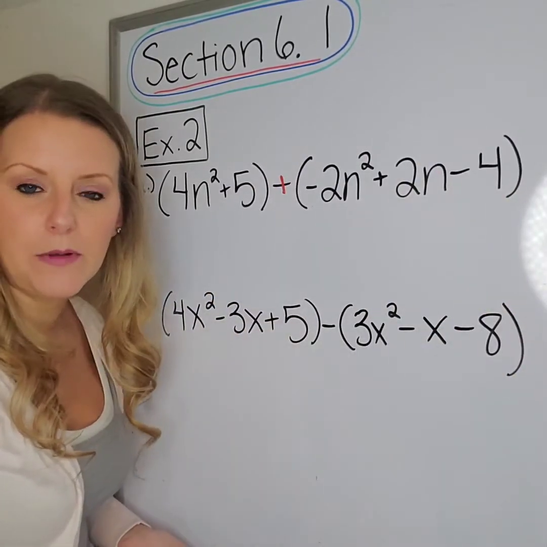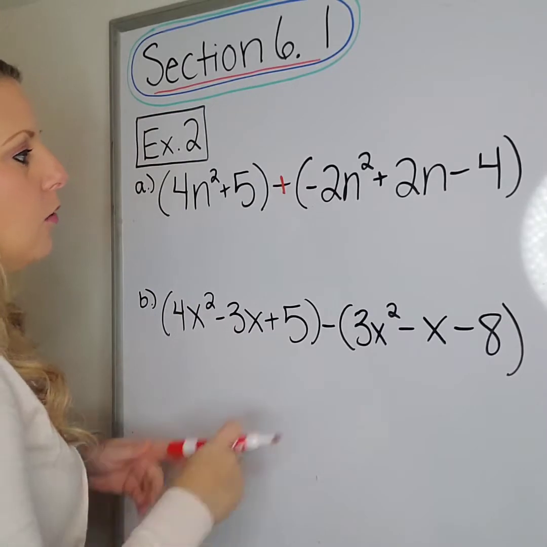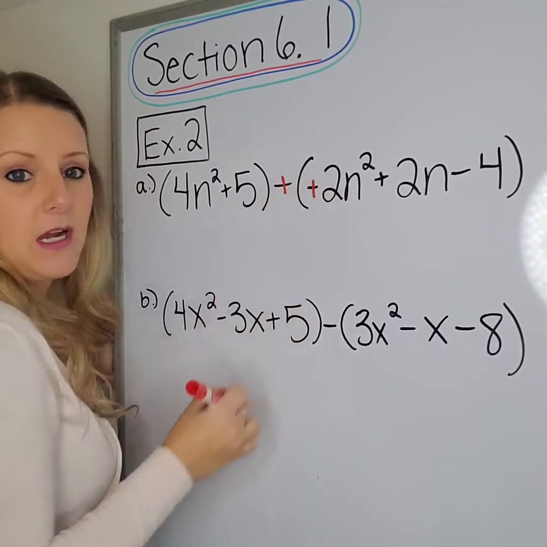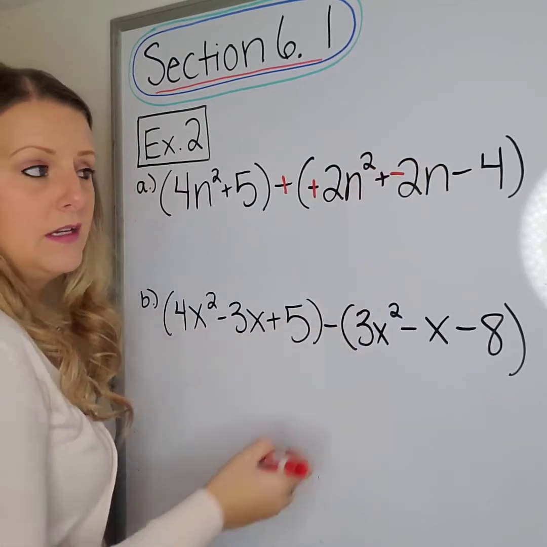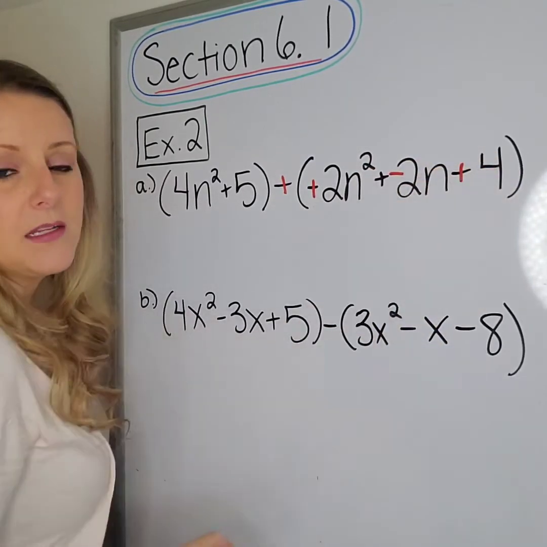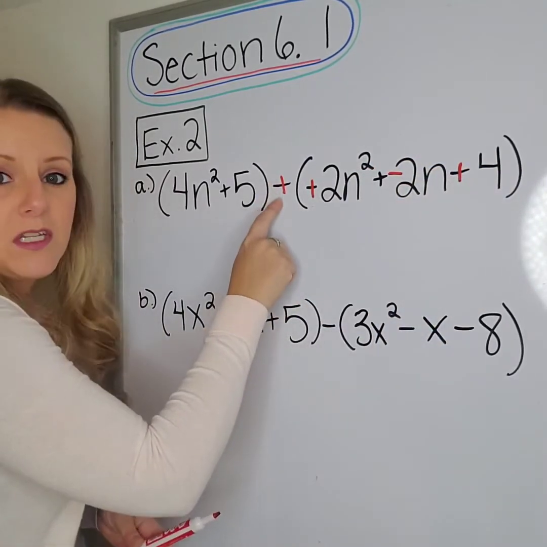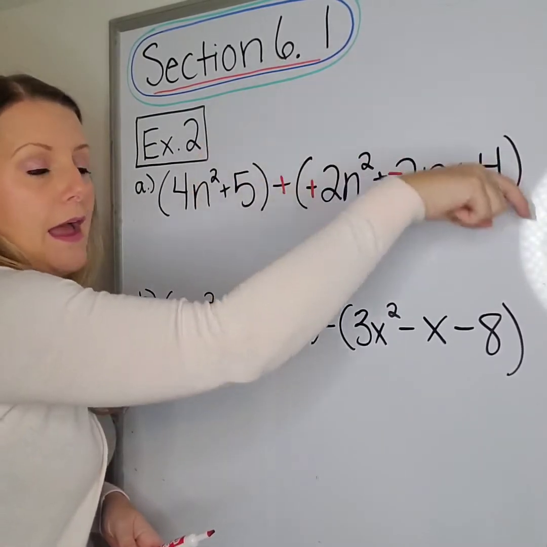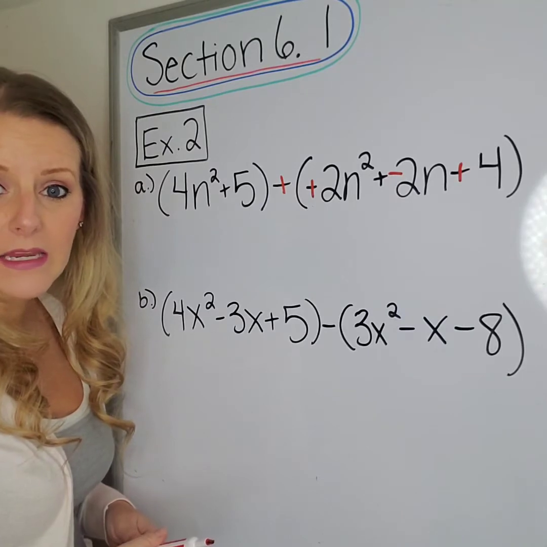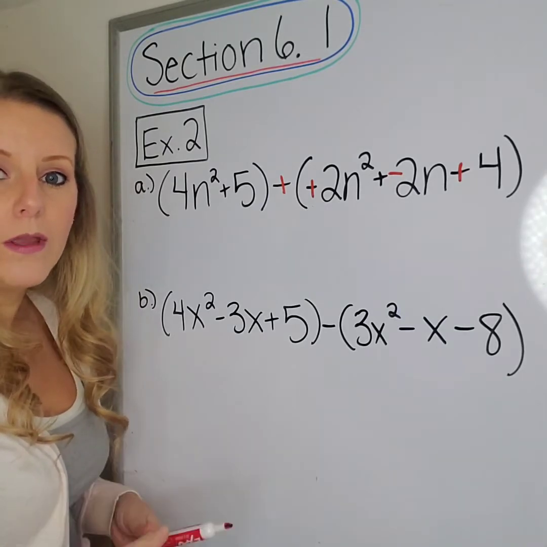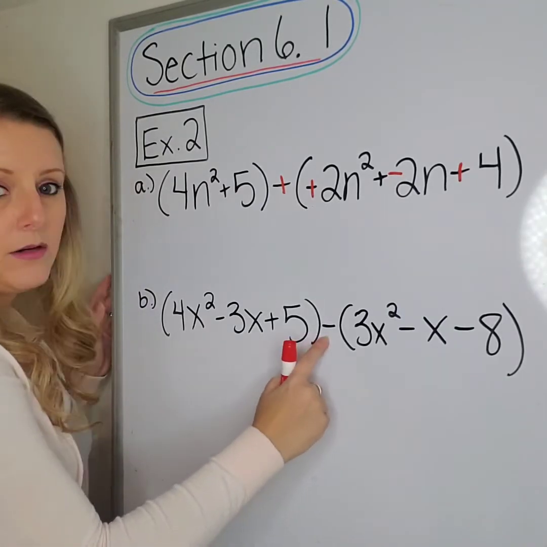It's kind of like distributing a negative through. So this negative has to become a positive. This positive has to flip to negative. And this negative has to flip to positive. So if you flip this symbol, you have to flip everything and distribute it through. But now it's made our problem a lot easier because now we can add. Same thing down here.